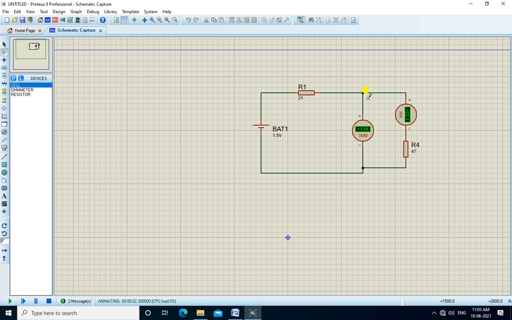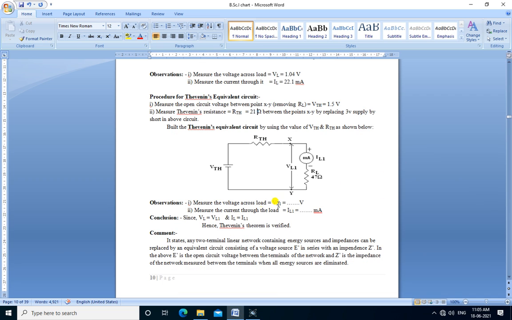Now we get 1.04 volt as the value of VL, and IL is 22.1 milliampere. So we note down these two values here. VL1 is 1.04 volt and the value of IL1 is 22.1 milliampere.